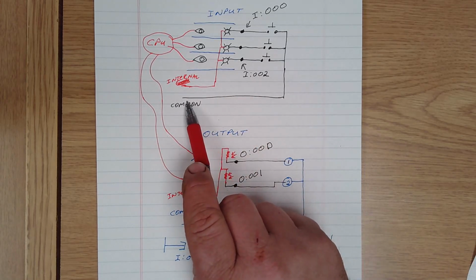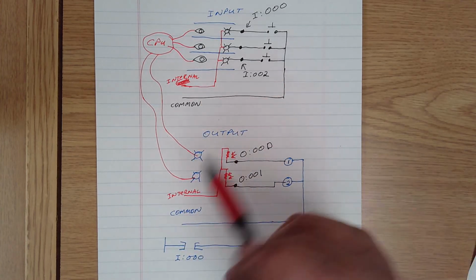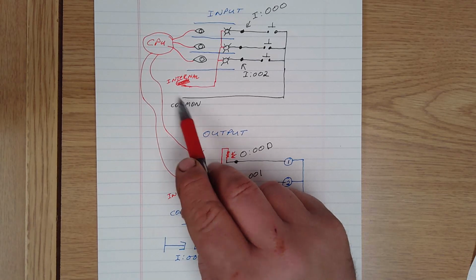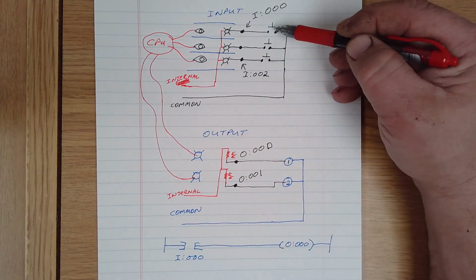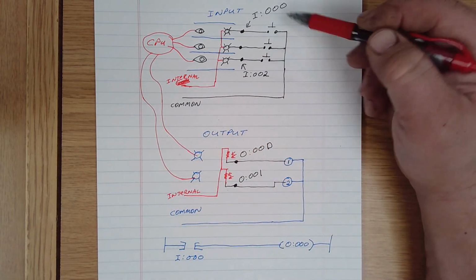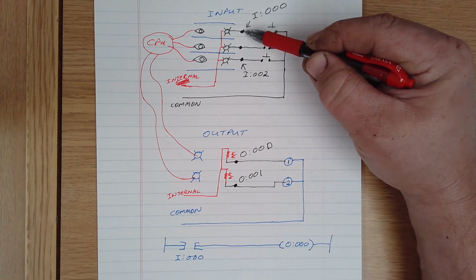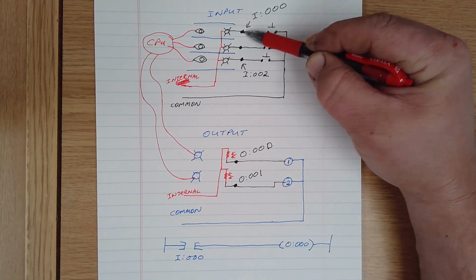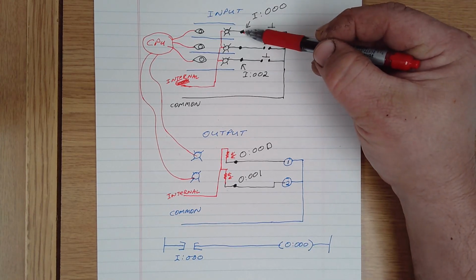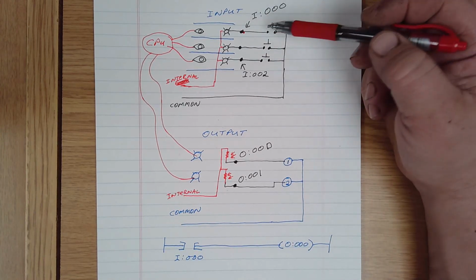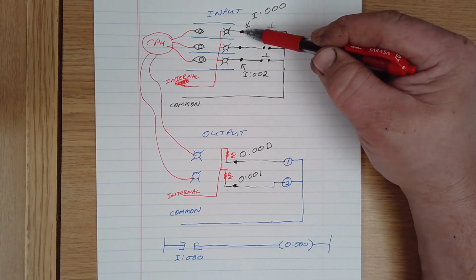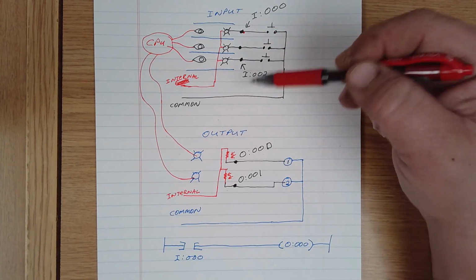We have a common terminal on the input card, so if it's a 24 volt system, this is your positive 24 volts. You take that out and then you go to your field devices. From your field devices, you come back and connect those onto the input terminals, the screw terminals on the input cards, and they're going to be addressed just 0, 1, 2, on and on and on.